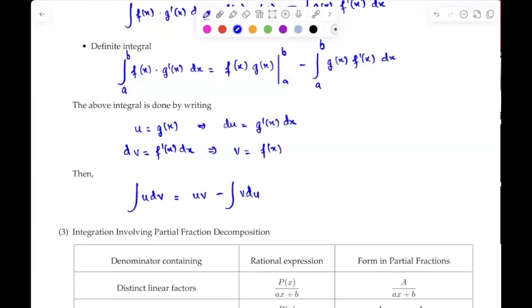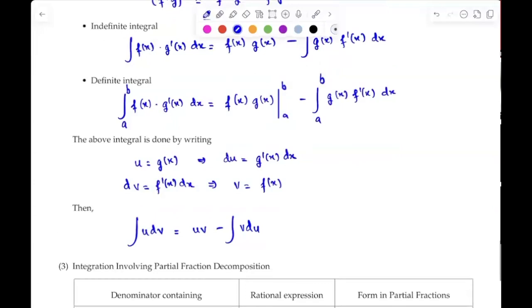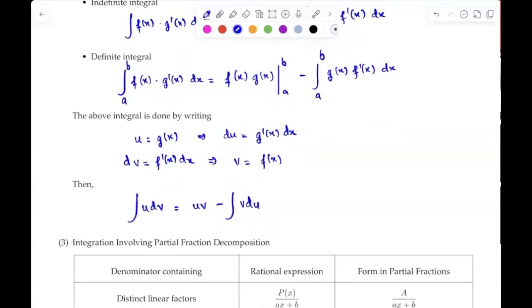The choice of u and dv depends on the rank of the functions that you encounter in the product in the integral. You follow this abbreviation, LIATE.